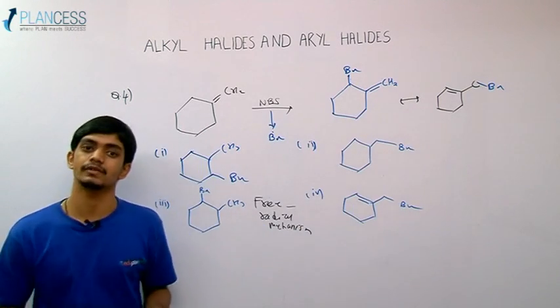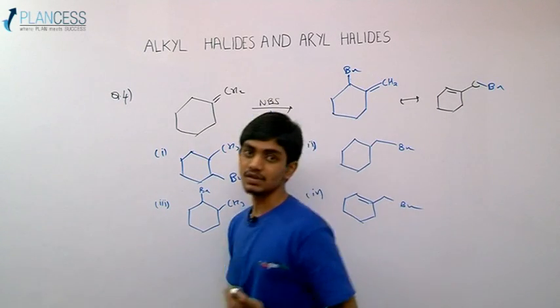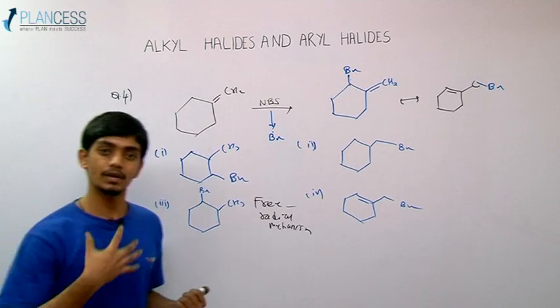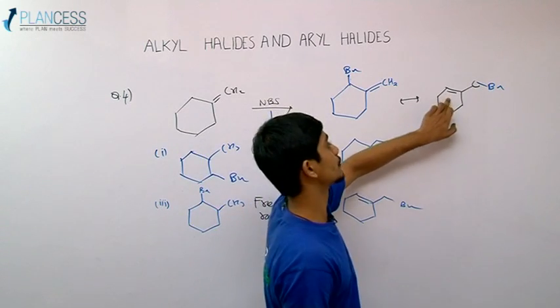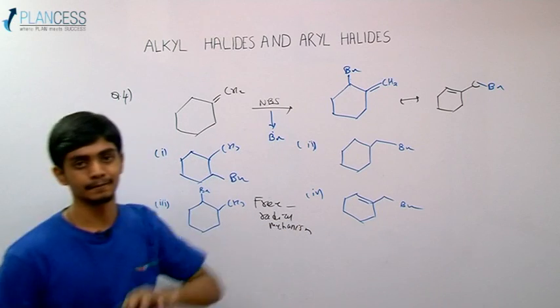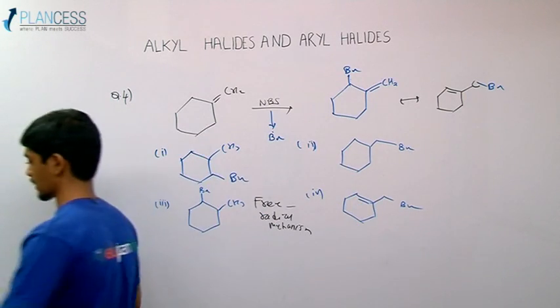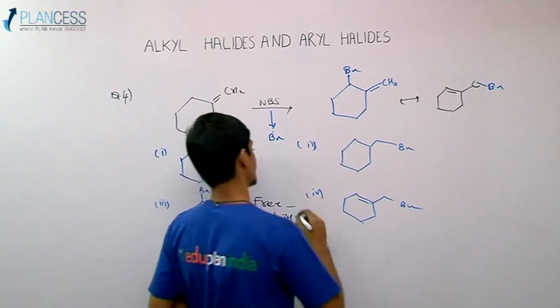Although Saytzeff rule is given only for elimination mechanism, we can apply it anywhere because our aim is to get a more stable product. So if you see, this is definitely more stable than this alkene, and hence our major product becomes this, and our correct answer is the fourth option.